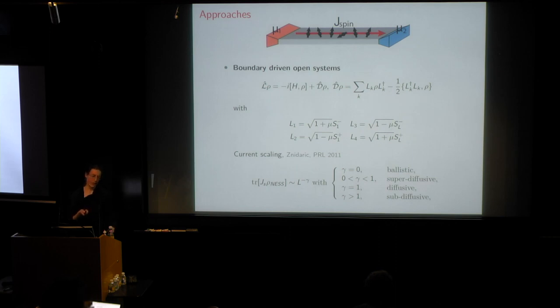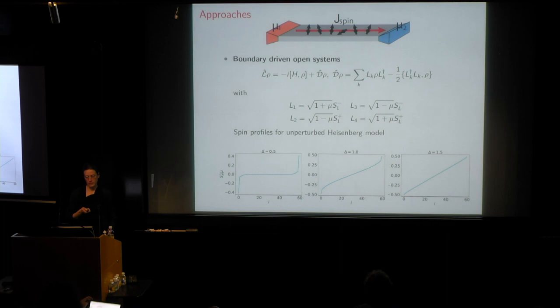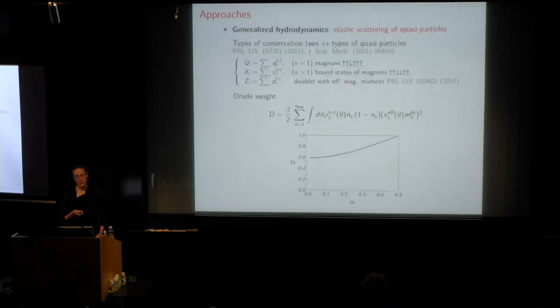And we will use that in the following to characterize the transport in our models. The third approach is more integrability based, and it sees these integrable systems as being composed of quasi-particles whose stability is guaranteed by integrability, and that then scatter elastically. For the Heisenberg model, these different families of conservation laws map to different families of quasi-particles.